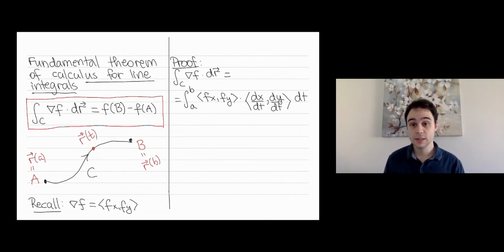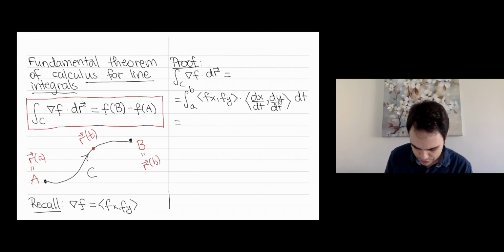Okay, so what I did here was set up the line integral using some parameterization that I know exists, but I don't need to know how to find. For what I'm doing, any parameterization will do, and I know that there will always exist one.